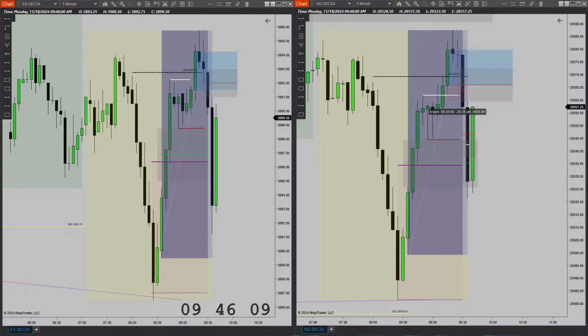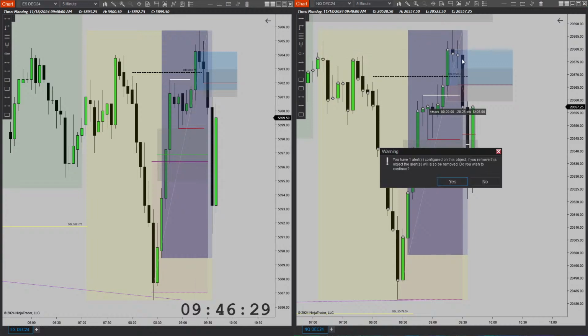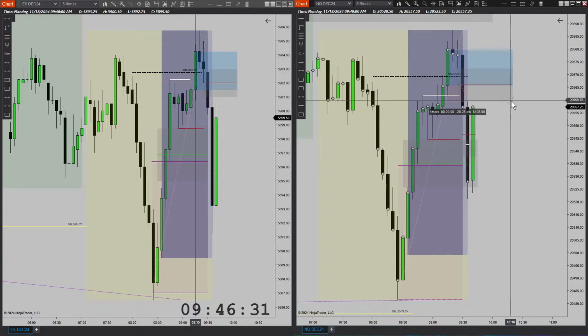Again, I want to see displacement through these pivots. All right, let's see here. I can actually delete this now too.